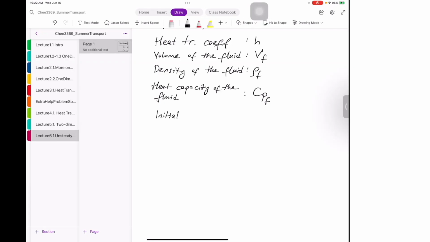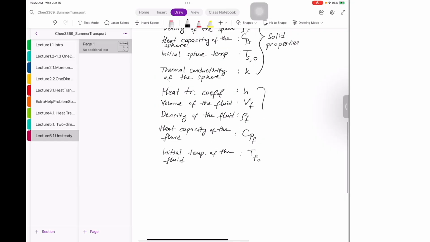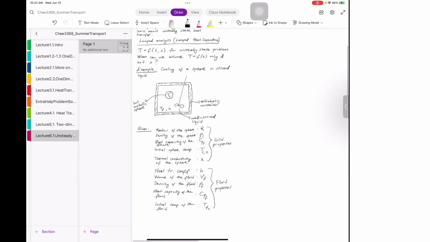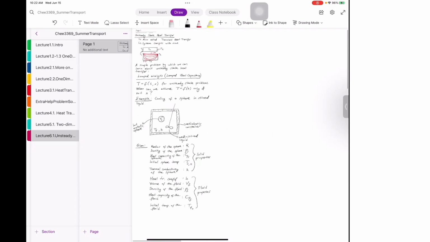Initial temperature of the fluid is Tf0. These are my fluid properties. Okay, so this is my problem. These are the statements and the given numbers.